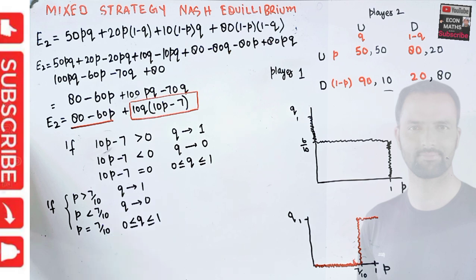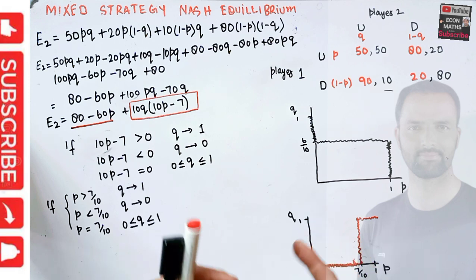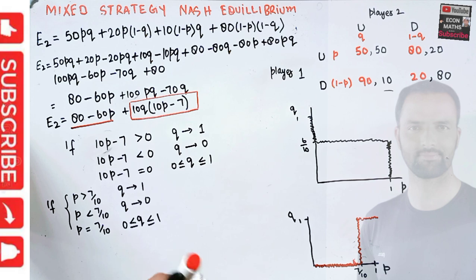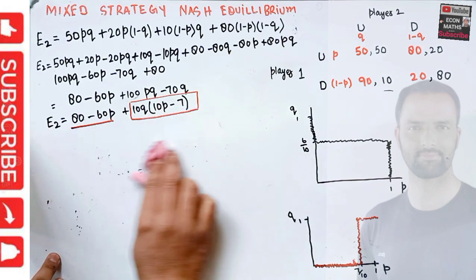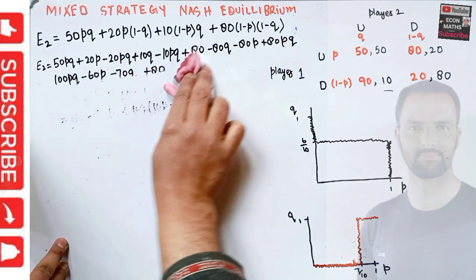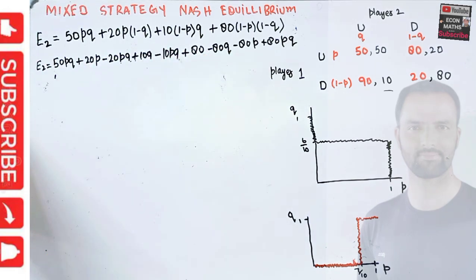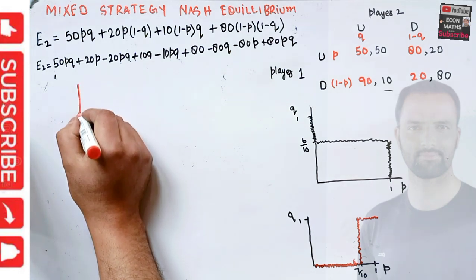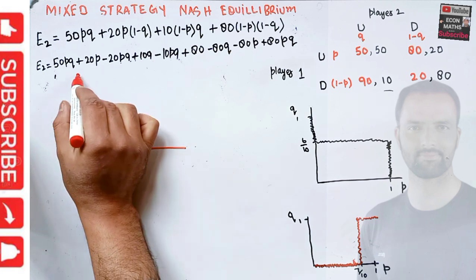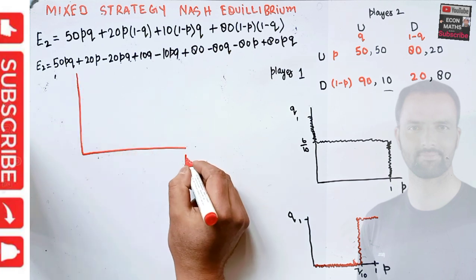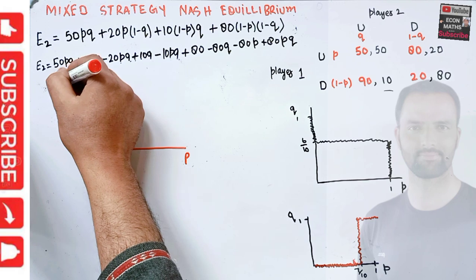Now what we need to see is if we plot the two best response correspondences together in a single diagram. Let's see if we can draw them in a single diagram. We have P, we have Q here.